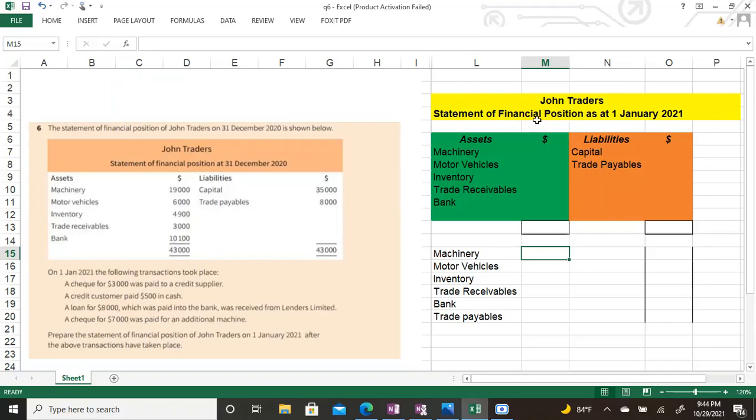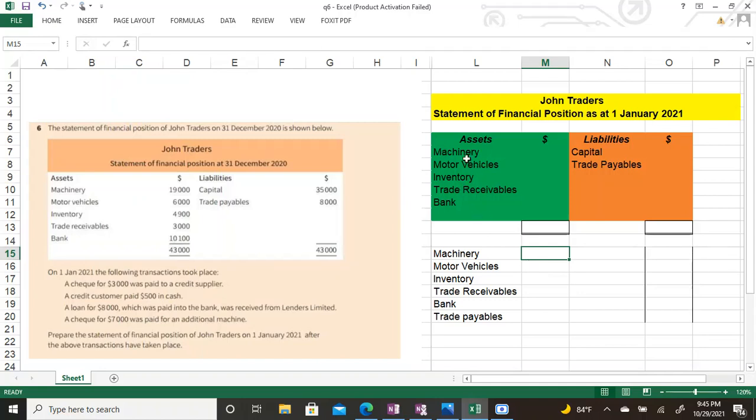Remember that whenever we are preparing the financial position, it is also called a balance sheet, we have to write "as at". Sometimes students write "for the year ended". For the year ended, we write for the income statement. For the financial position, we have to write "as at", which means on 1st January 2021, the assets and liabilities of the business are.